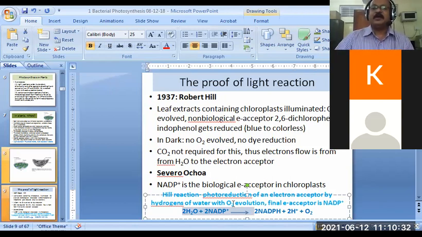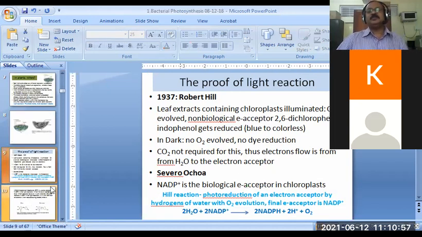Because of the splitting of the water molecule, we have the evolution of protons, 2H+, and it is associated with the evolution of oxygen. So in plant photosynthesis there is an evolution of oxygen, and therefore it is also called oxygenic photosynthesis. Is it okay? Everybody has understood? Yes, sir.